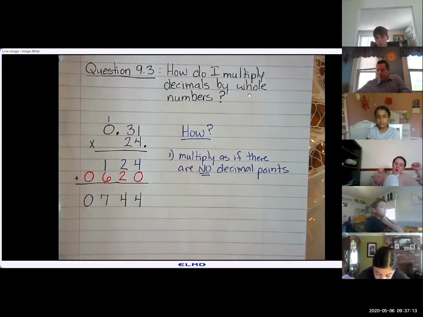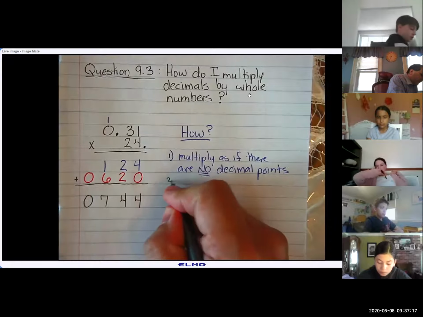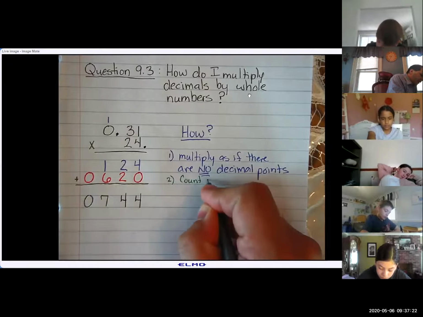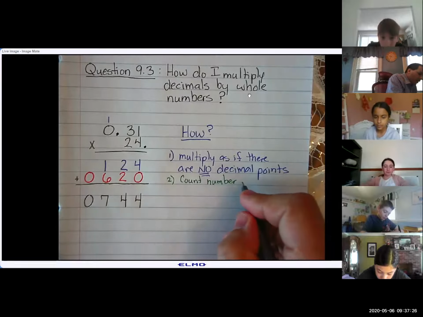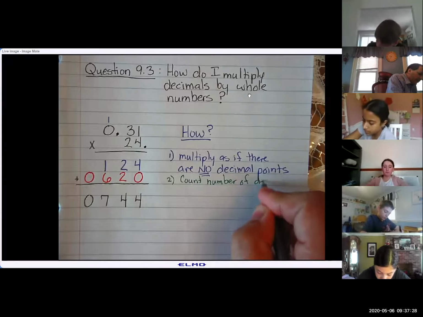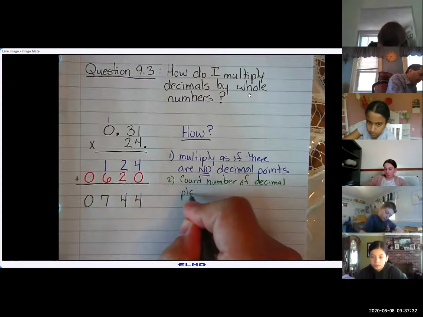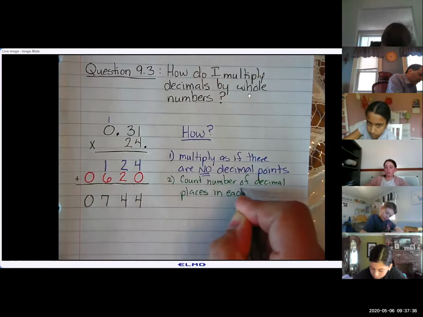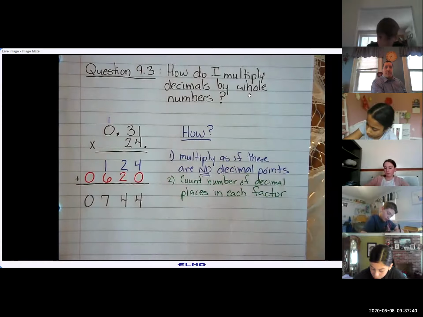Step 2. You count the number of decimal places in each factor.